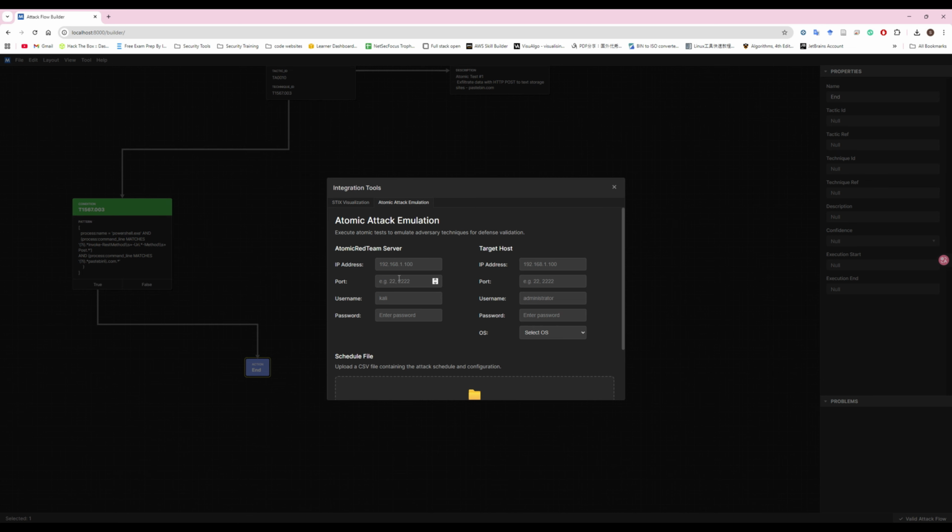Now let's launch the attacks using the integrated tool. It requires information of both attack host and target host, and it also needs a schedule file to instruct the order that attacks are launched.